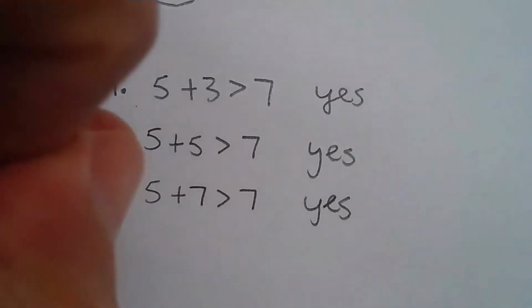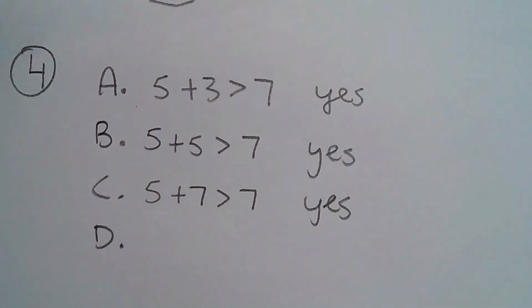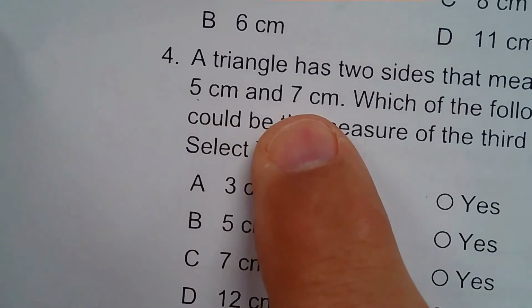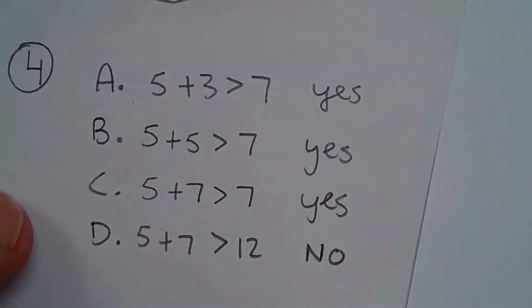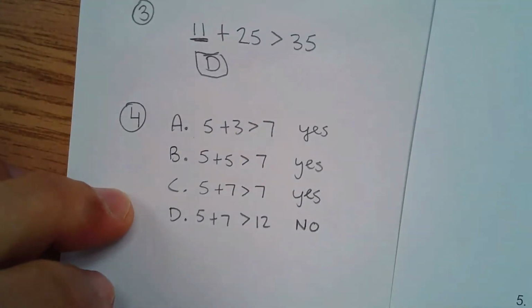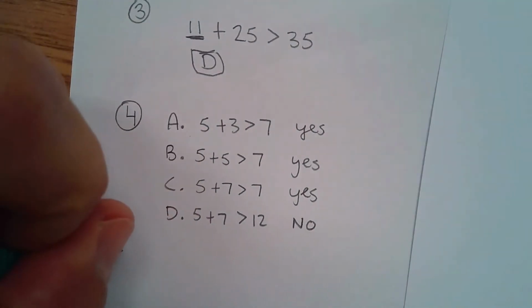And for D, it is 12. So now 5 and 7 are the two smaller sides. 5 plus 7 is greater than 12, and that is no, because 5 plus 7 is equal to 12. And there you go.